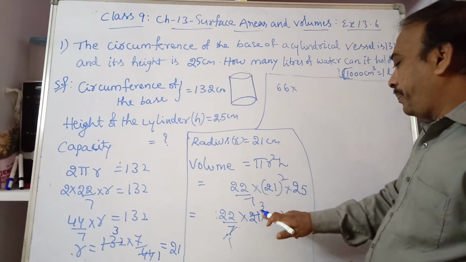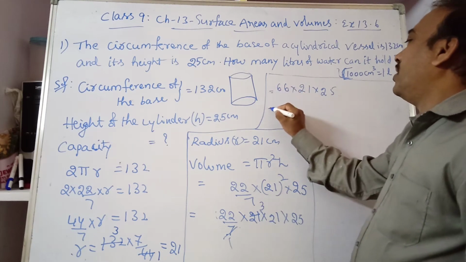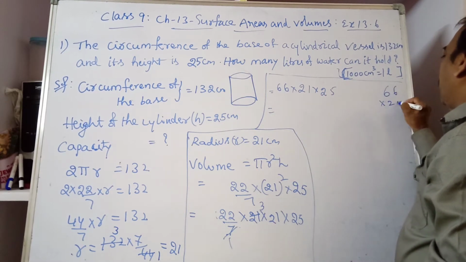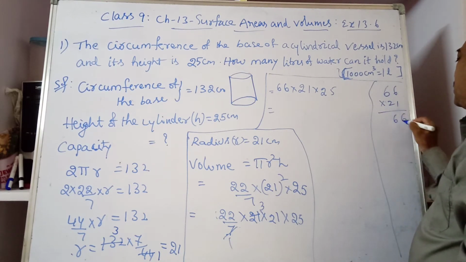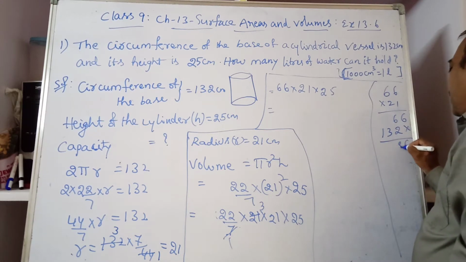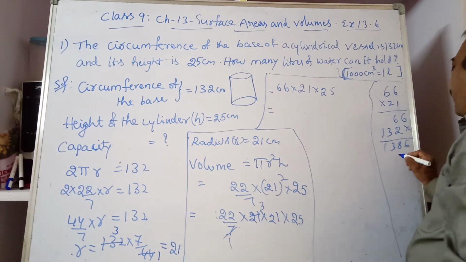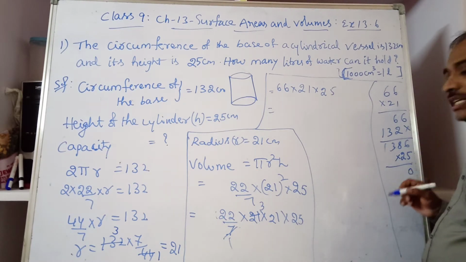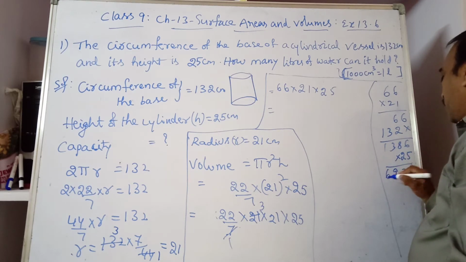So 66 into 21 into 25. Rough work here I am doing: 66 into 21. 1 6 are 6, 1 6 are 6, then 2 6 are 12, 2 6 are 12 plus 1 is 13, so we get 1386. Now 1386 into 25: 5 6 are 30, 5 8 are 40 plus 3 is 43, 5 3 are 15 plus 4 is 19, 5 1 are 5 plus 1 is 6.